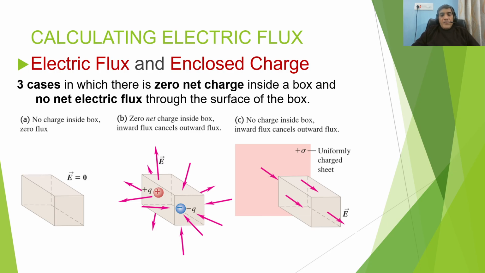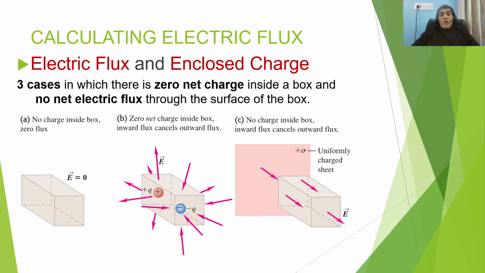In the second case, which is an interesting one, we have two charges, a plus Q charge and exactly the same magnitude minus Q charge, placed some distance away but inside the same surface. Some arrows move outside the surface and some move inside.